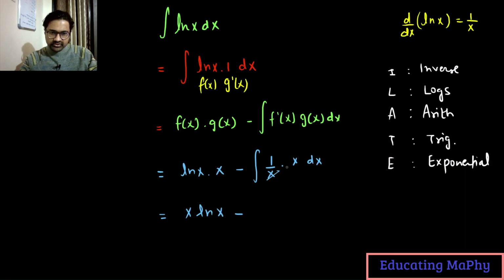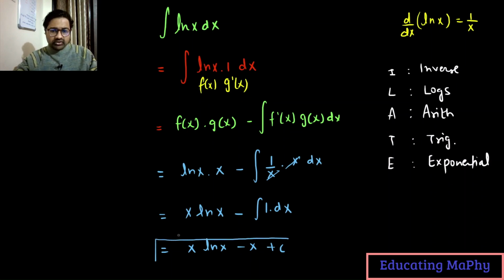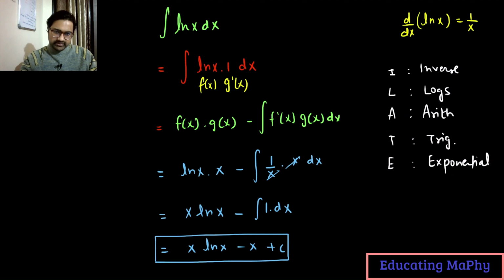I believe that just cancels, and we are left with 1. And the integration of 1 is just x. So the answer is x natural log of x minus x plus the constant of integration, which is, of course, c, because we don't have to forget that there will always be a constant of integration. So this is the required answer, x natural log of x minus x plus c.